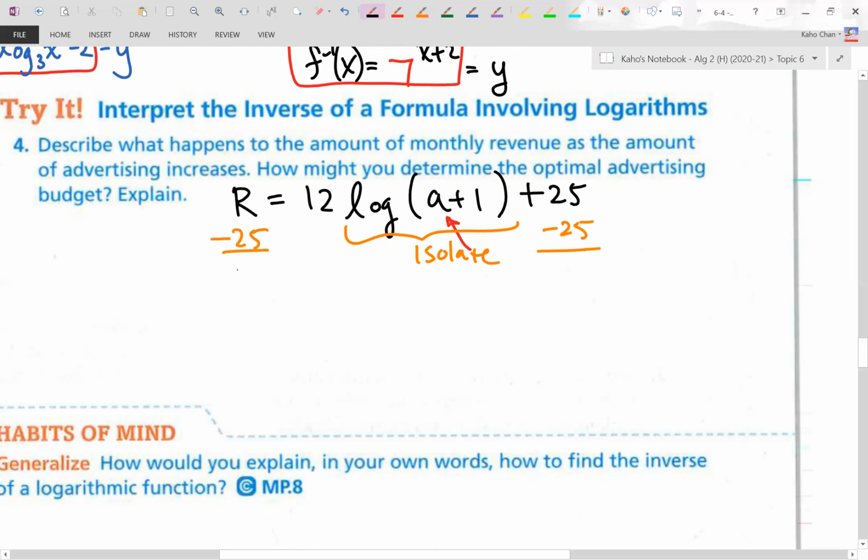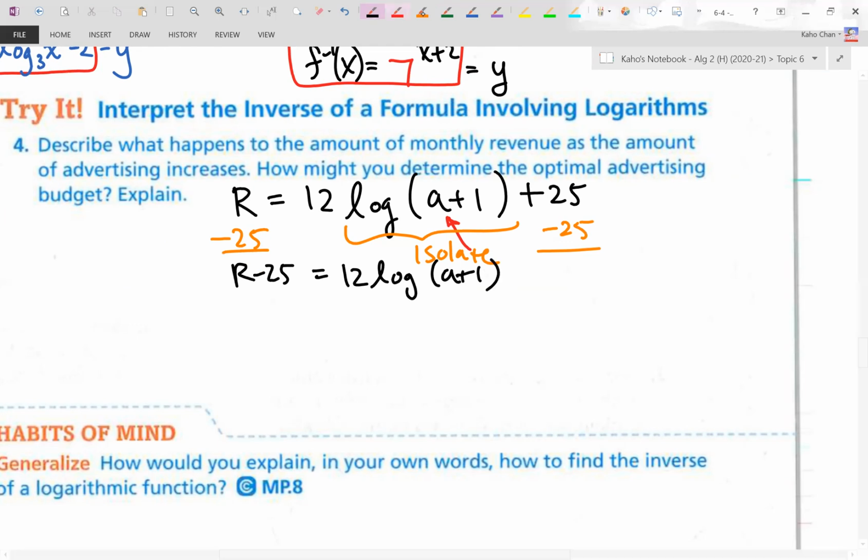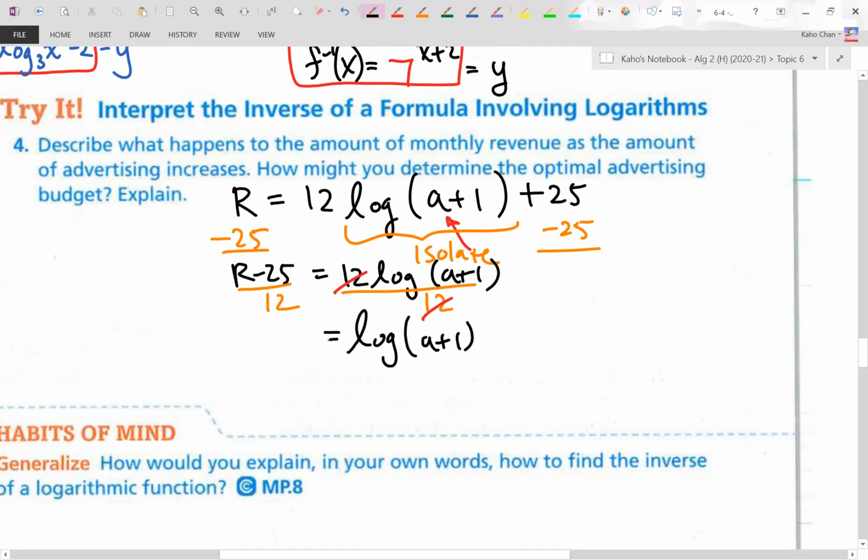So we have r minus 25 equals 12 log (a plus 1). Next, I want to get rid of that 12. Let's divide by 12 on both sides. Great. Yes, we're getting an ugly mess here, but the 12s go away. Log of a plus 1 equals r minus 25, don't worry about what that is, over 12.